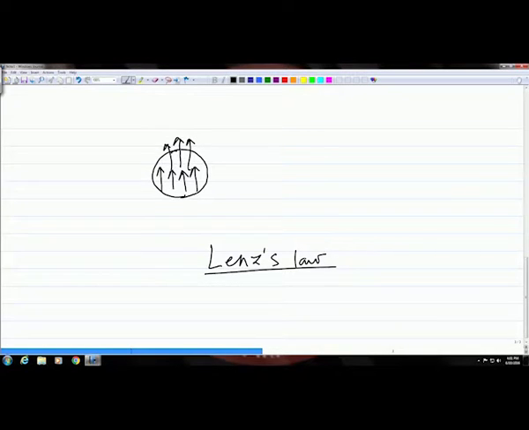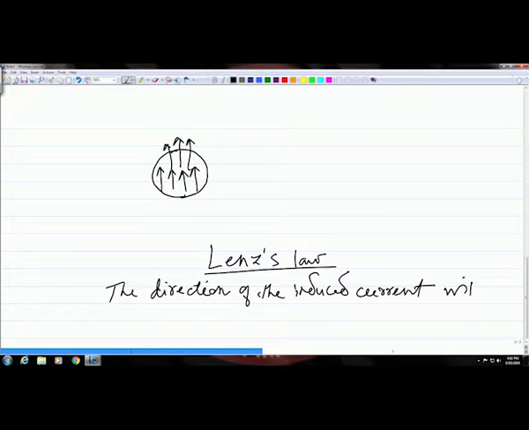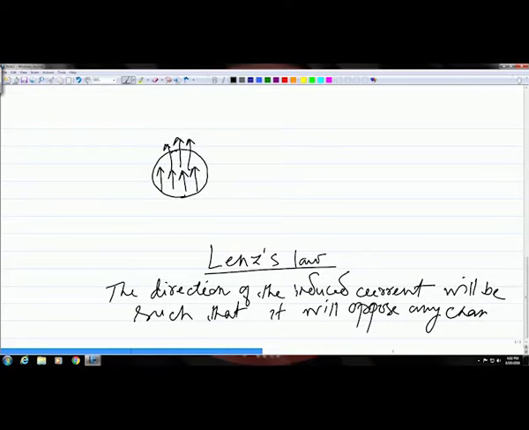And it states that the direction of the induced current will be such that it will oppose any change in the magnetic field which induced the current.